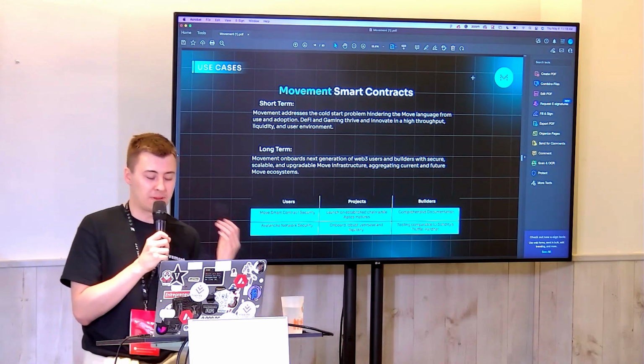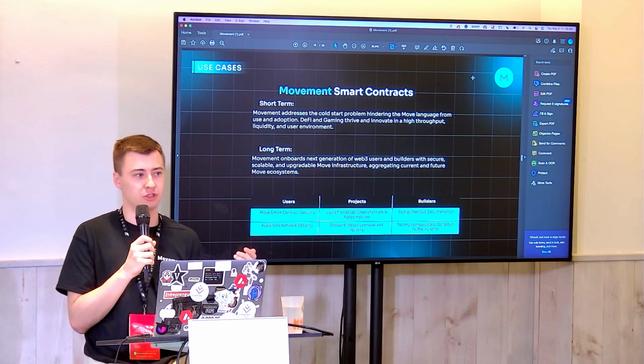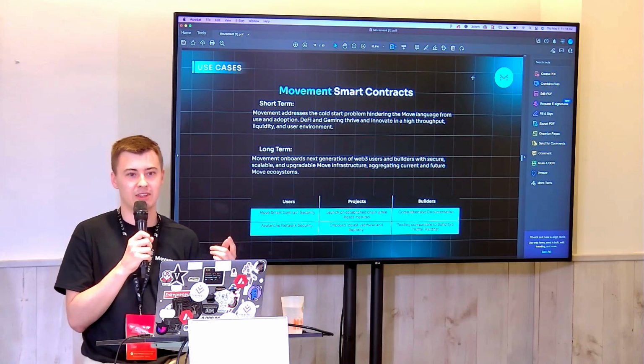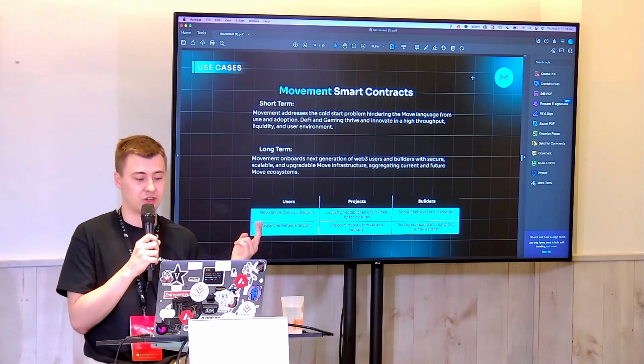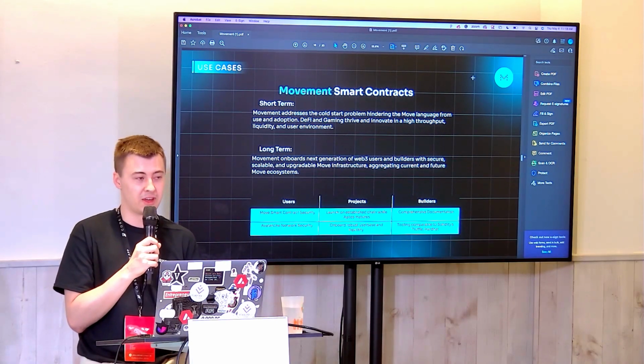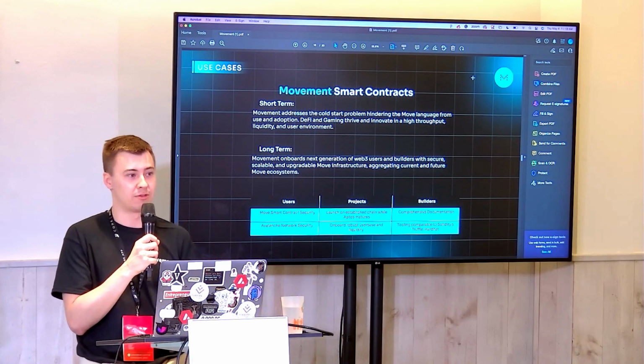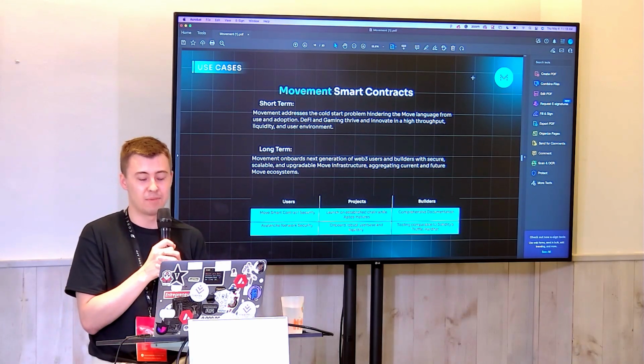So we plan to onboard the next generation of Web3 users and builders who will be looking for innovative technology, who will be looking for security above all else. For the users, we're going to support them with Move security and with Avalanche's very powerful consensus mechanisms.